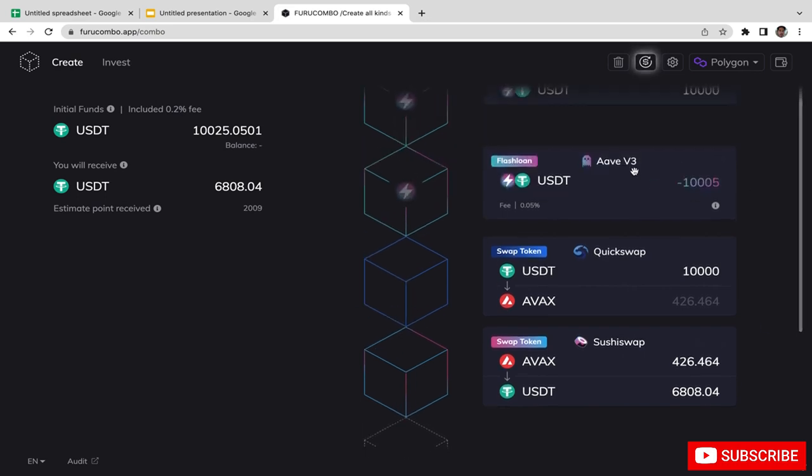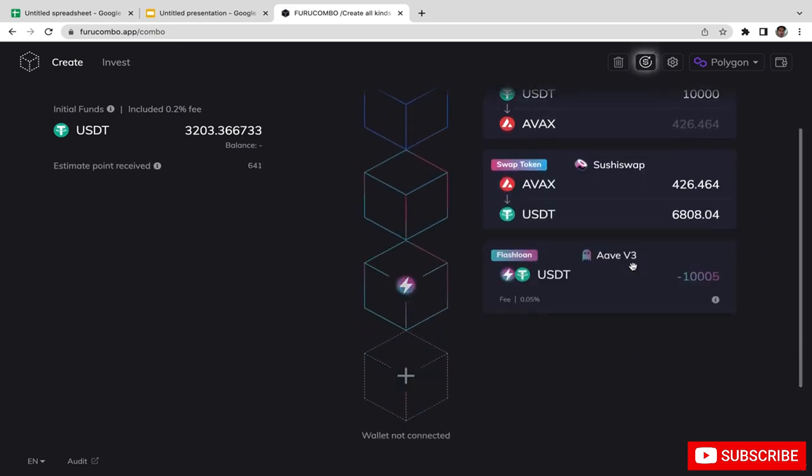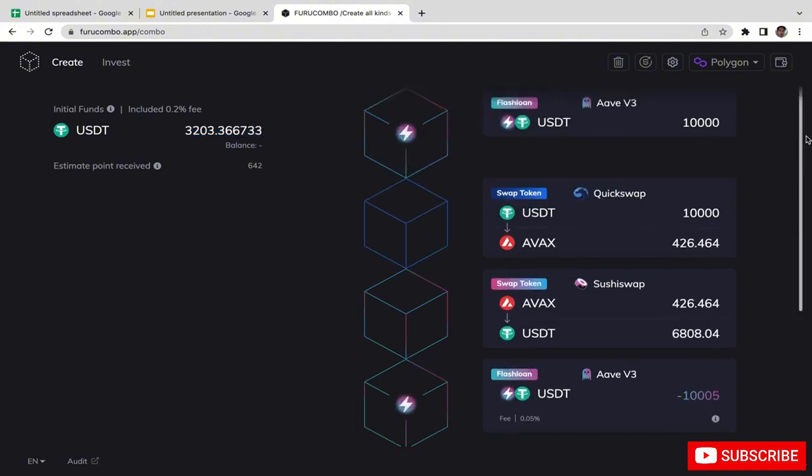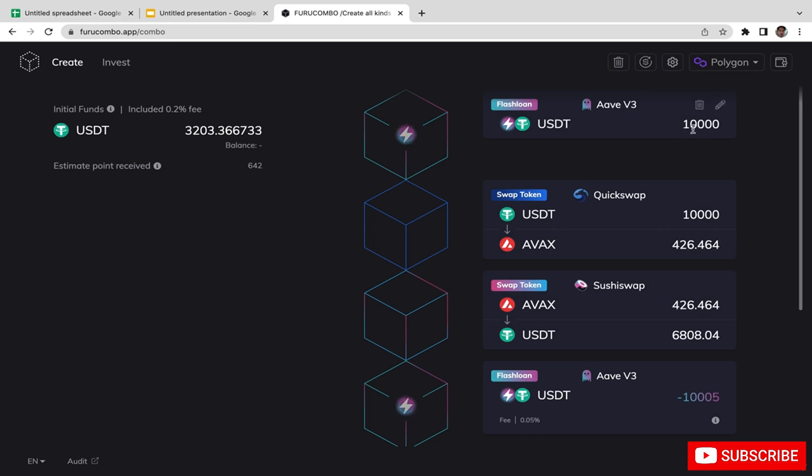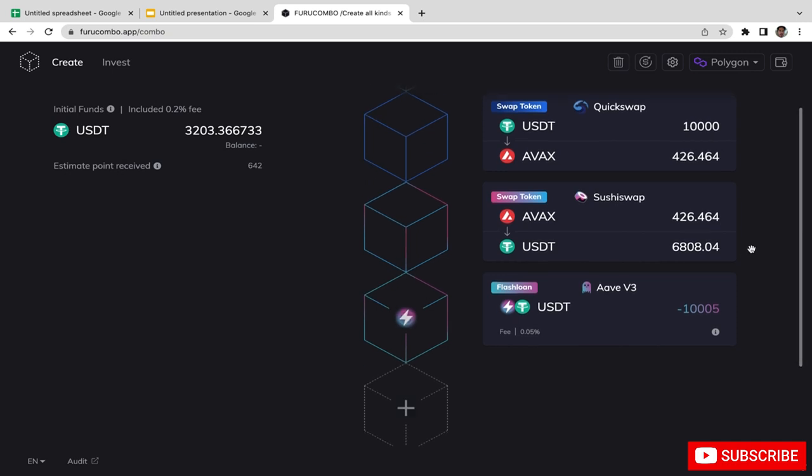Don't forget to always pull this all the way to the bottom, and then go to the left side of the screen and see. Actually, you're losing money from this trade. You know why? Because you borrowed 10,000 from Aave, and after your last transaction, you only got 6,800.